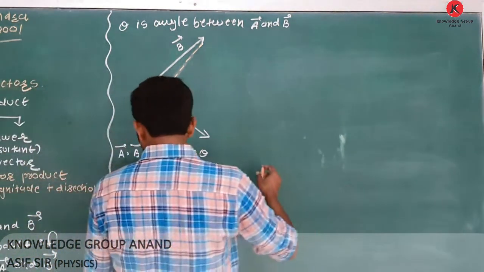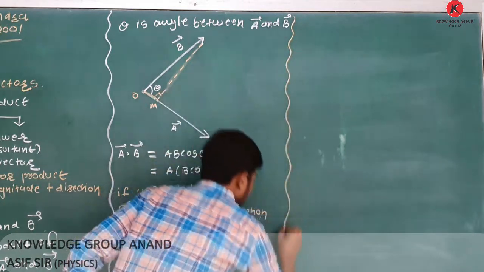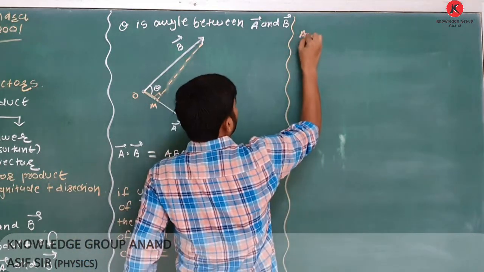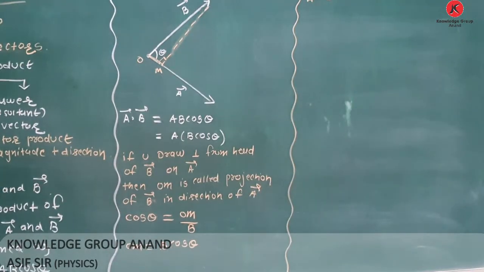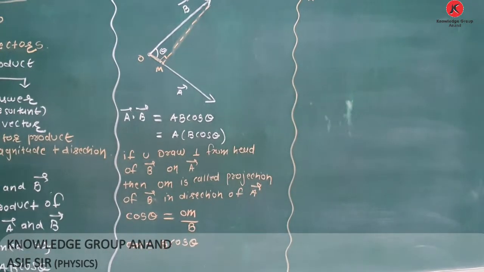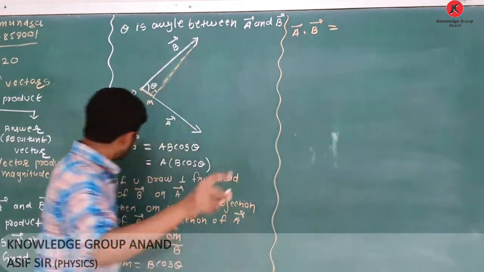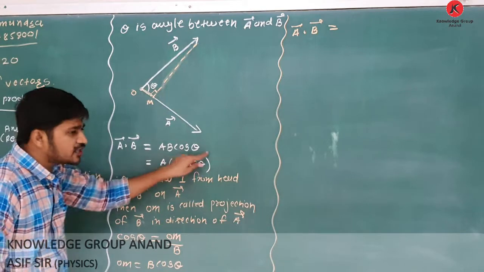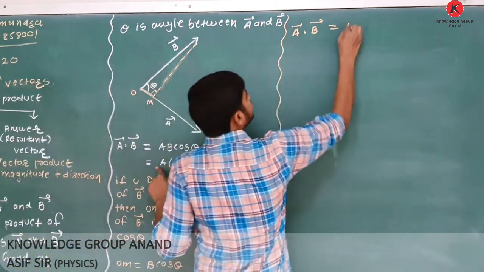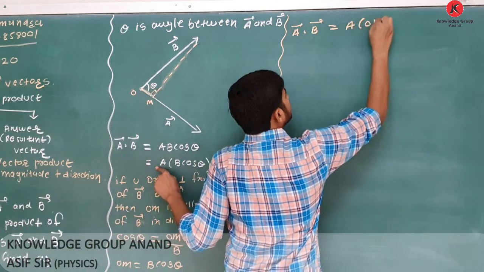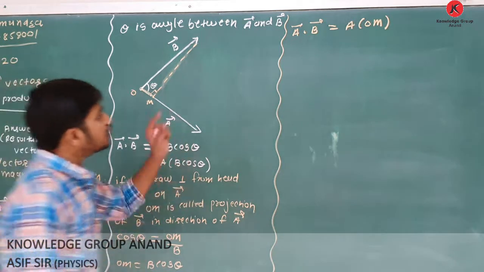So see how to write this. A dot B is equal to AB cos theta. Now B cos theta is replaced by OM. What is the meaning of A?